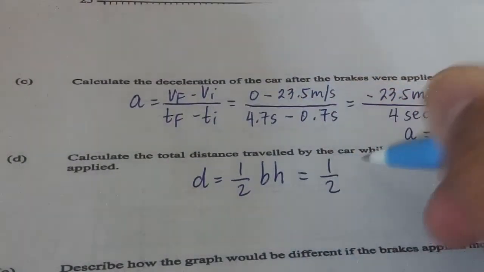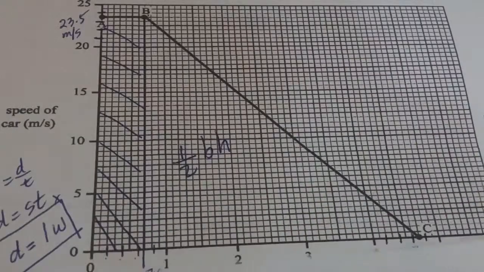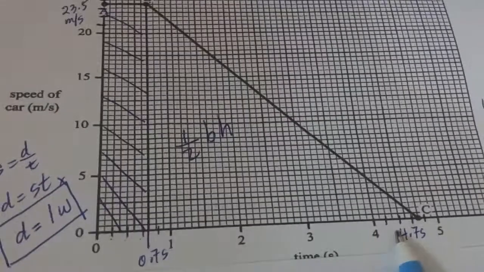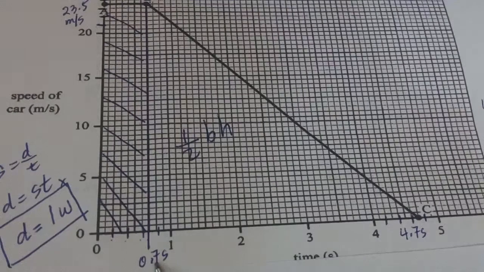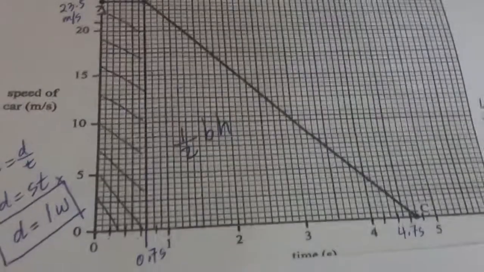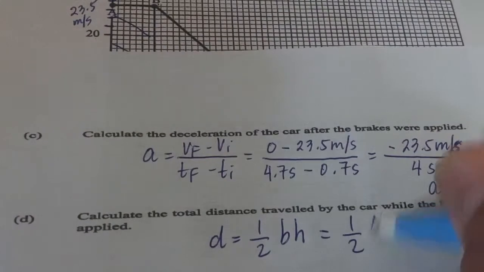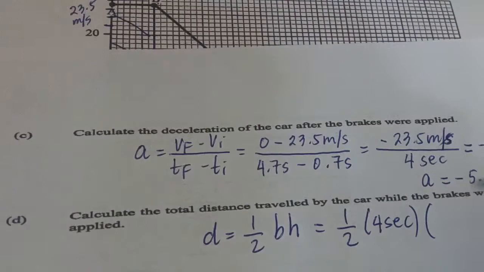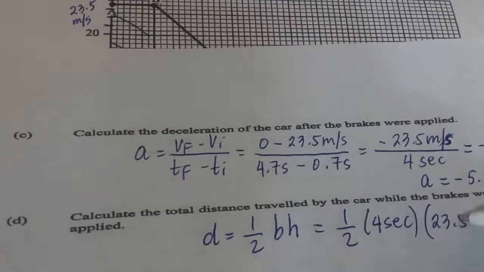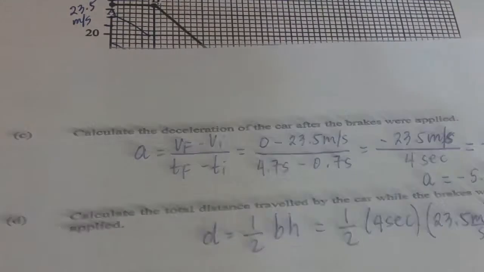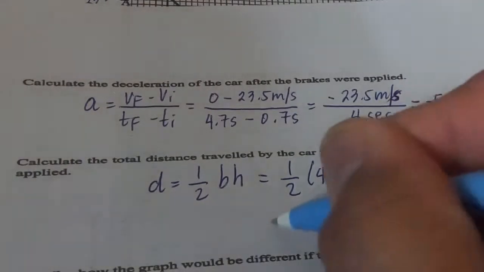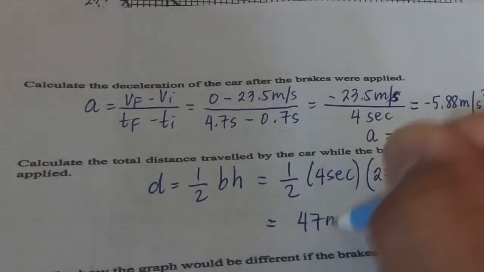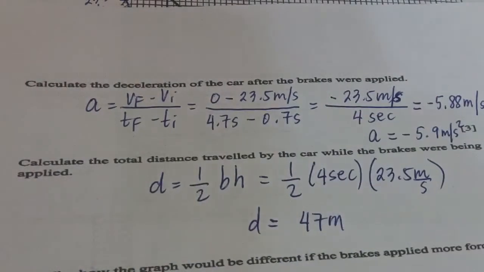Our base here is 4.7 minus 0.7, so that would be 4 seconds, times the height, which is 23.5. That would give you an answer of 47 meters. So the distance traveled by the car while the brakes are applied is 47 meters.